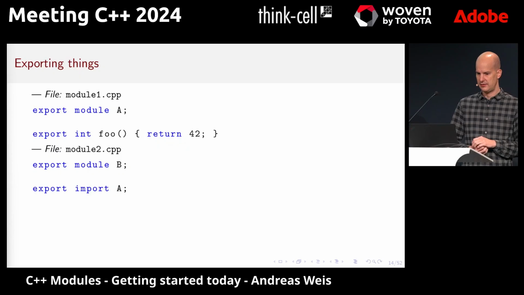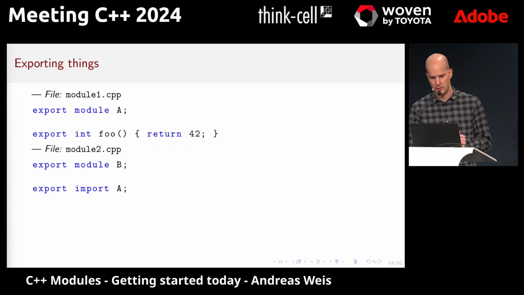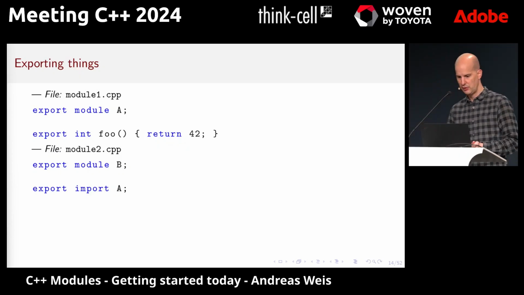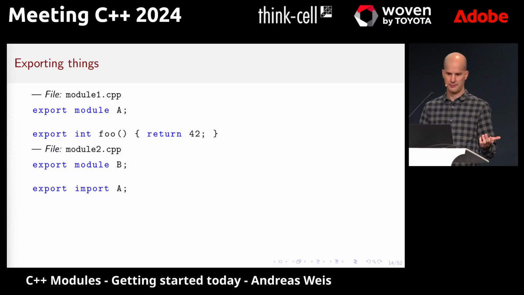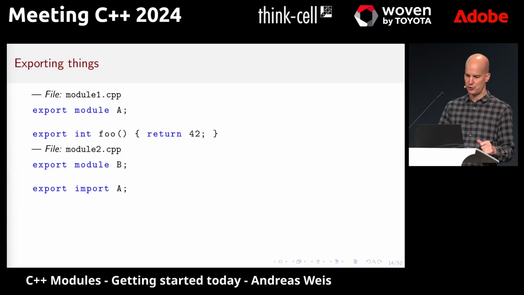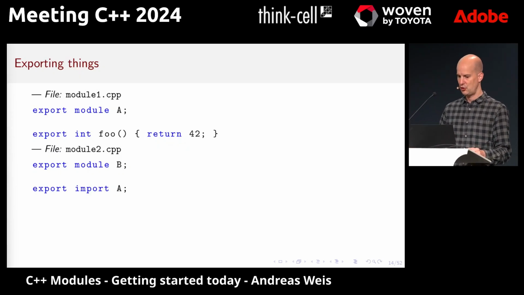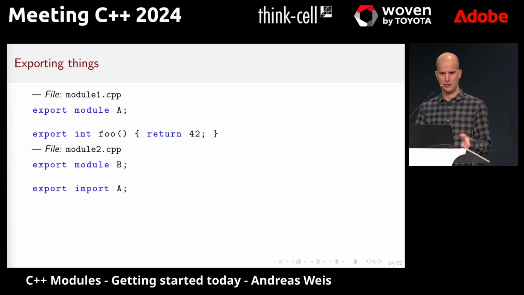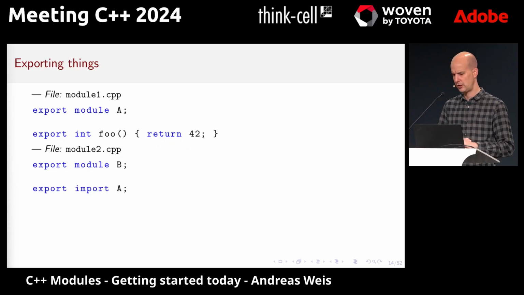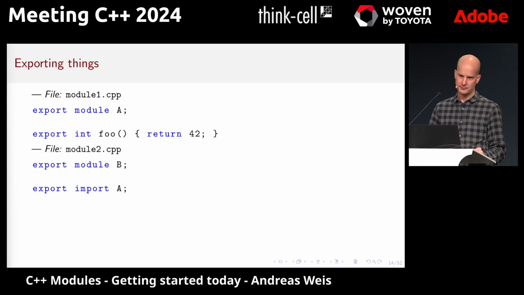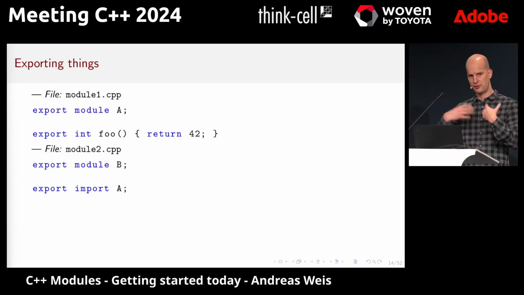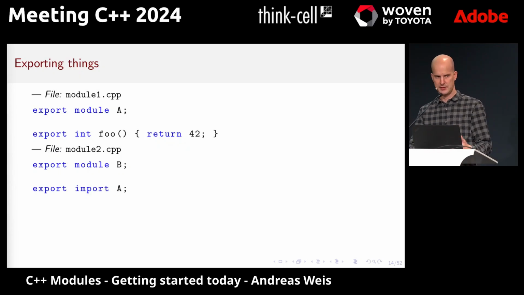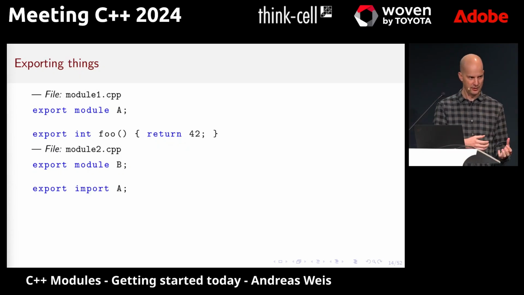And then finally, we can also export other modules. So here we have one module A that exports some things, and now from a different module B, we can not only import that module, but we can also do this kind of peculiarly looking export-import. And this looks a bit strange, but if you think about it a little bit, it makes sense. In order to get access to the things that are provided by A, you have to import it.